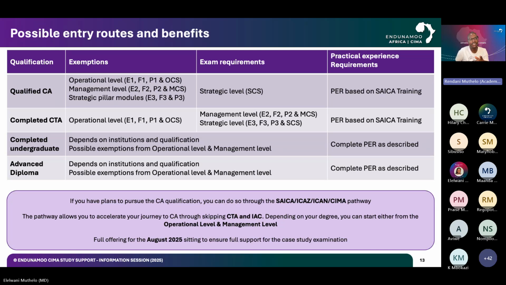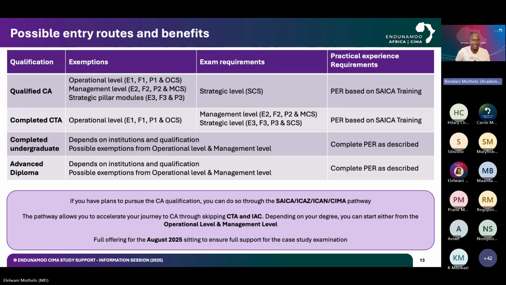But most CTA programs that I've checked, including UNISA and UP, do exempt you from operational. That means you start your journey from management level and you write management level and strategic, and from a PER perspective, because you've got that training, you can leverage it and complete the accelerated PER.